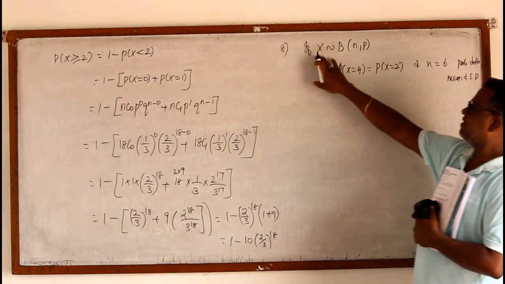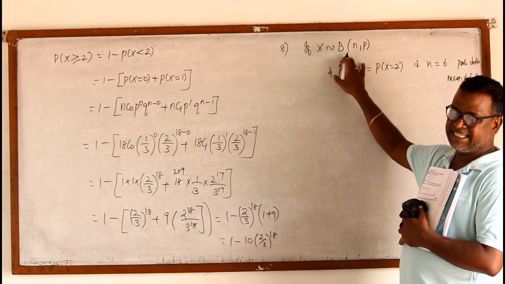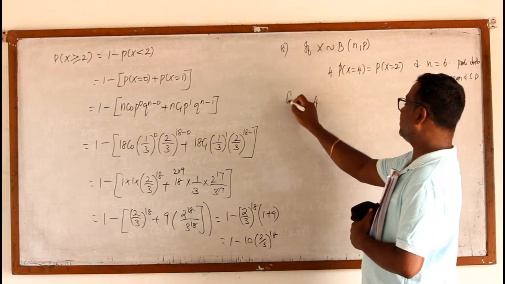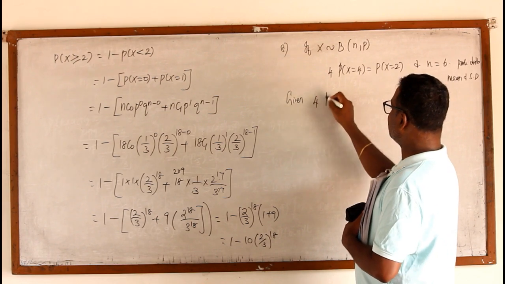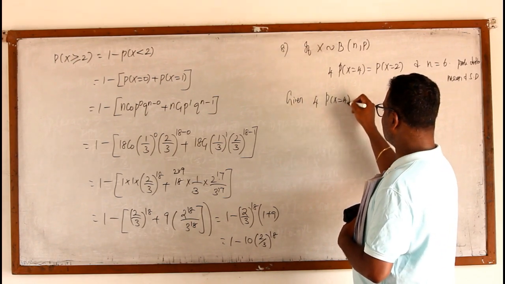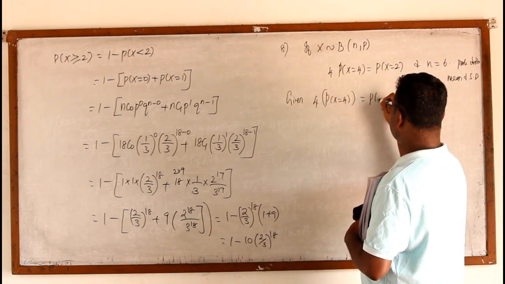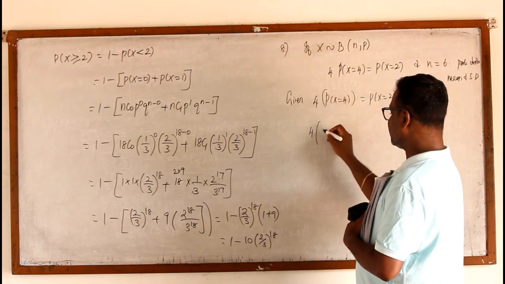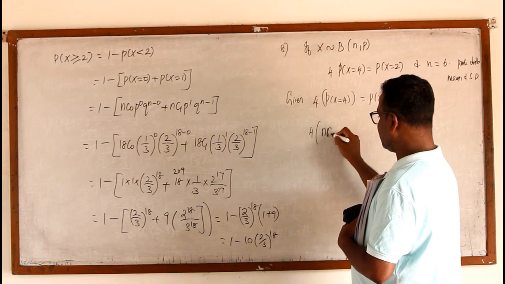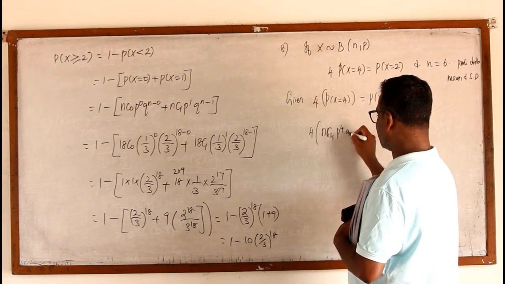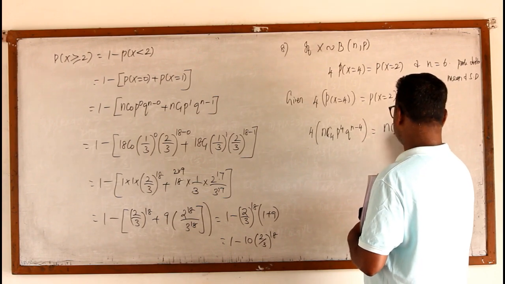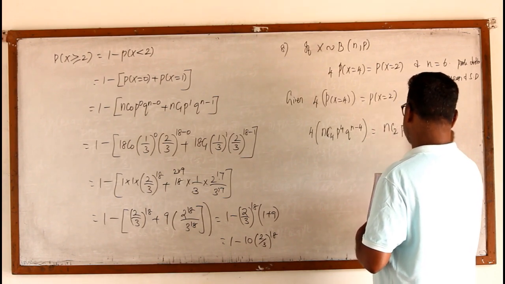Now, if it is given x is B of n comma p, it means binomial distribution. Given 4 into P of x equal to 4 equals P of x equal to 2, that means 4 into nC4 p power 4 q power n minus 4 equals nC2 p power 2 q power n minus 2.